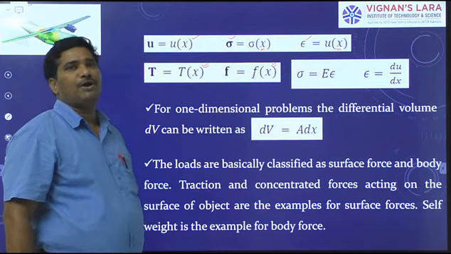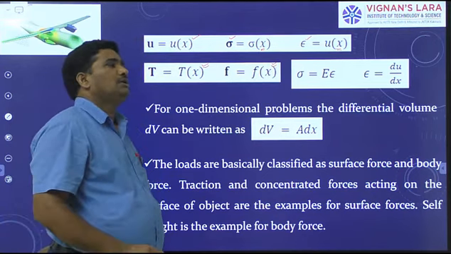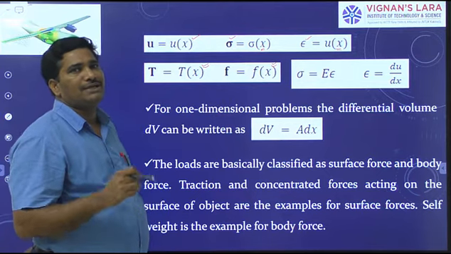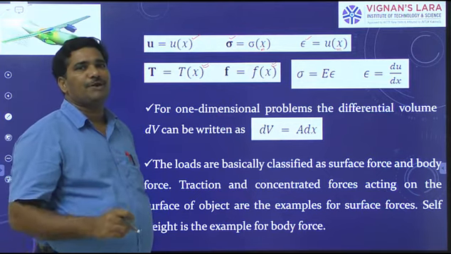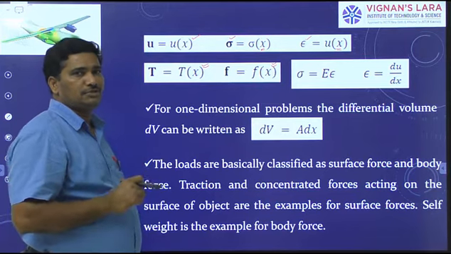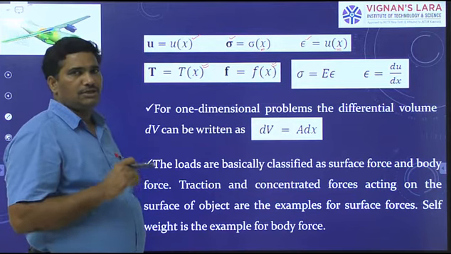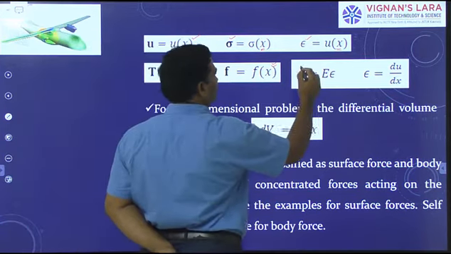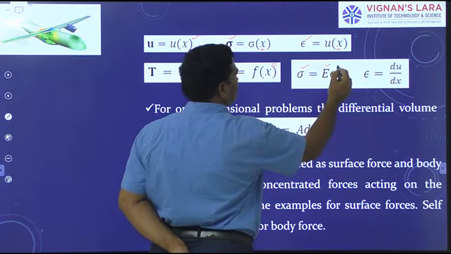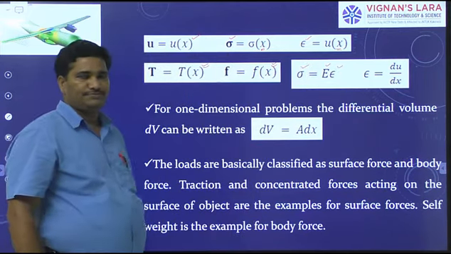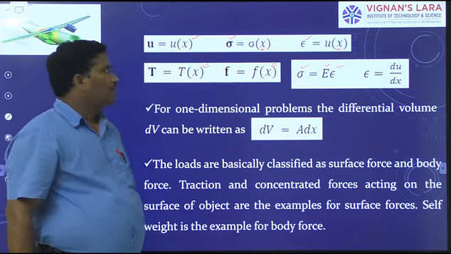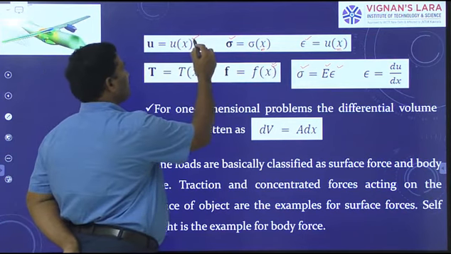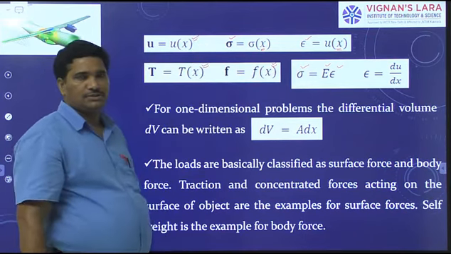For one-dimensional problems, we know that within the limit of proportionality, stress is directly proportional to strain. Hence, the stress sigma equals Young's modulus into strain. We know that the displacement is a function of variable x.